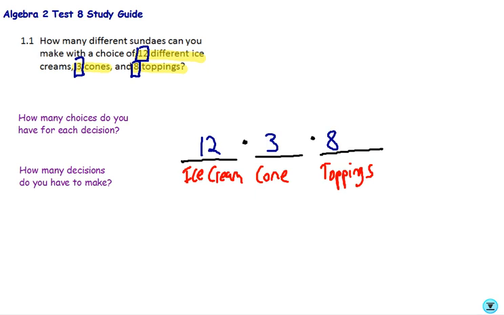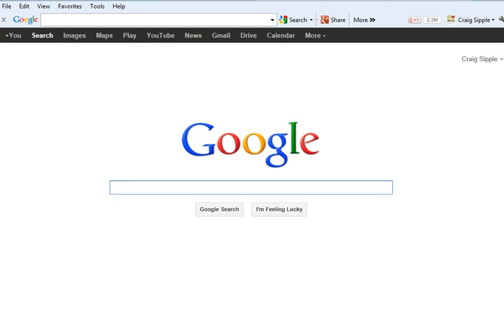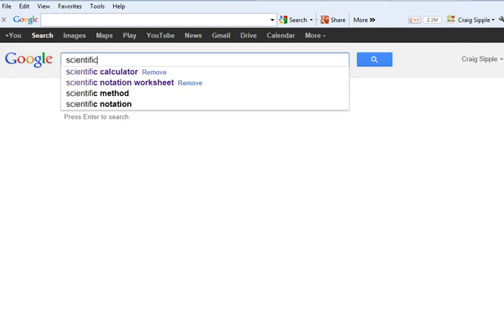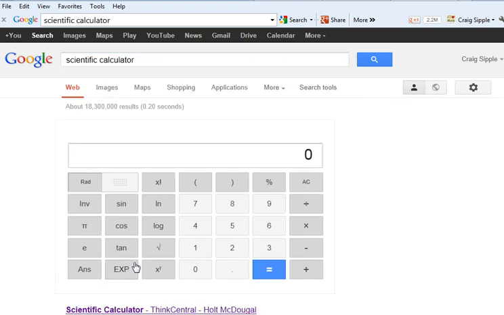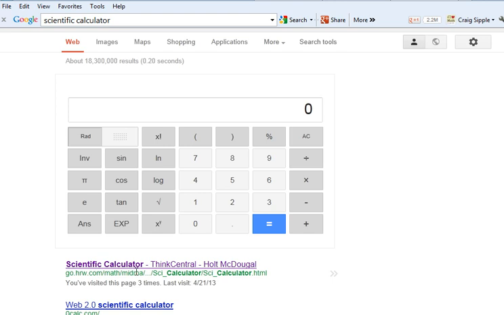We're always just multiplying those things. And I should mention, I actually forgot to mention it from the very beginning, you'll probably want a calculator for some of this at least. If you don't have your own calculator, say through your phone, I'll show you a calculator that you can pull up. If you open up another web browser and Google scientific calculator, Google's got their own, but I actually like the first one down.